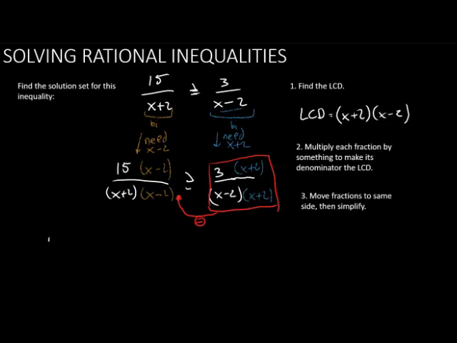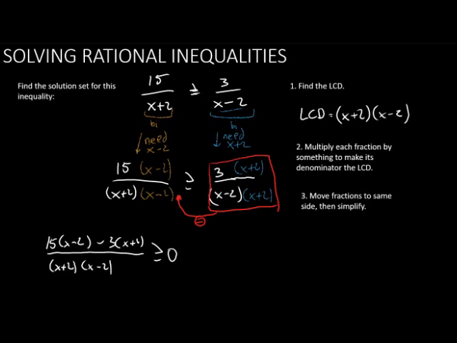Therefore, we now have 15 times x minus 2 minus 3 times x plus 2. It will all be over the LCD, x plus 2 times x minus 2. We don't need to write it twice, we'll just combine these fractions together. We'll still put the greater than or equal to symbol, but now we'll just have 0 on the right.